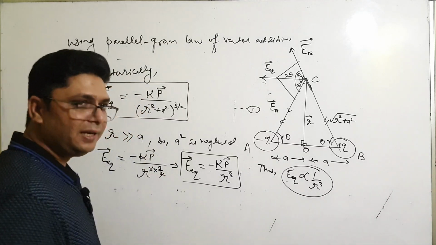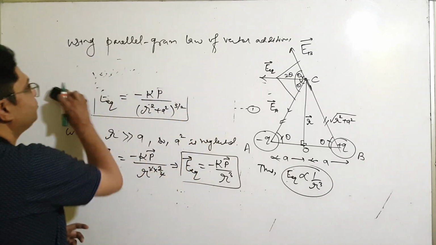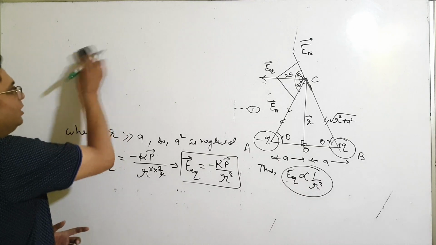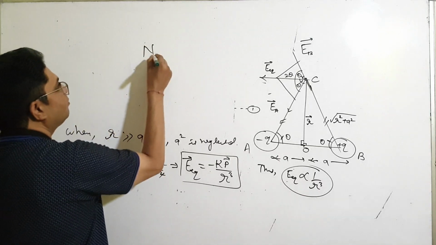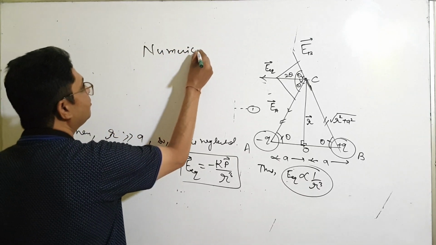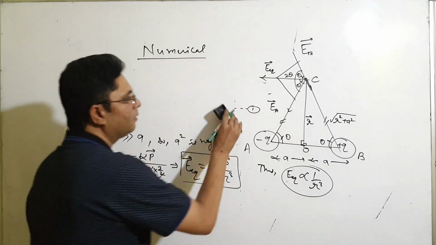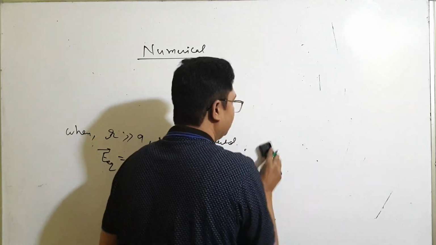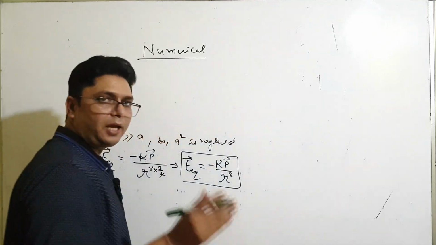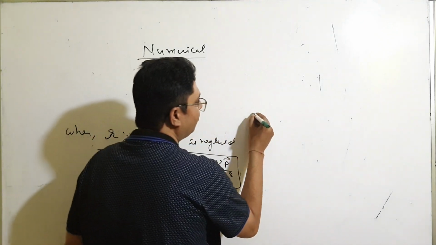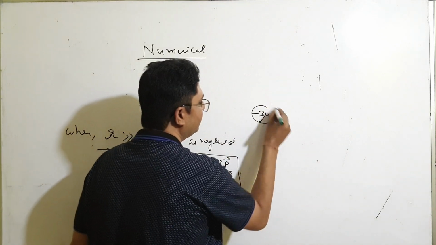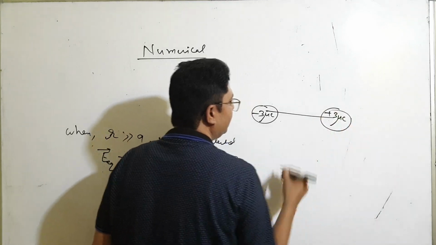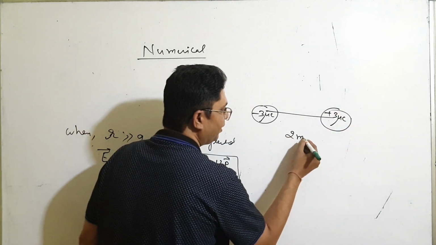Now, to better understand this, let us have a numerical. I am giving you a numerical based on this topic. Let us have a dipole with minus 3 microcoulomb here and plus 3 microcoulomb here, separated by 2 mm apart.